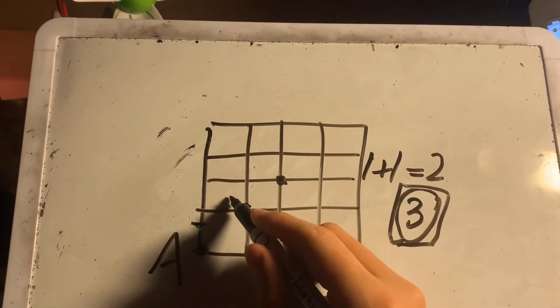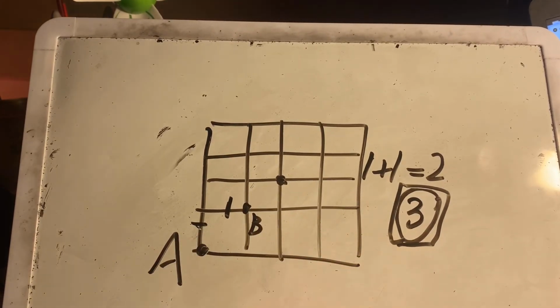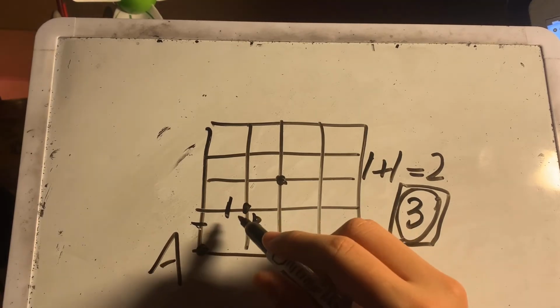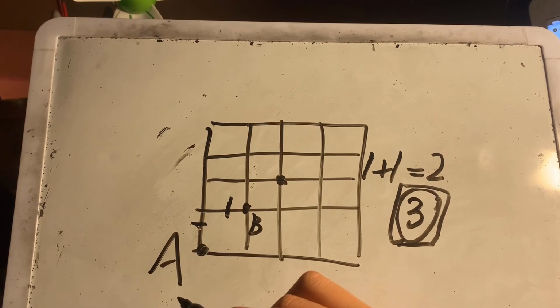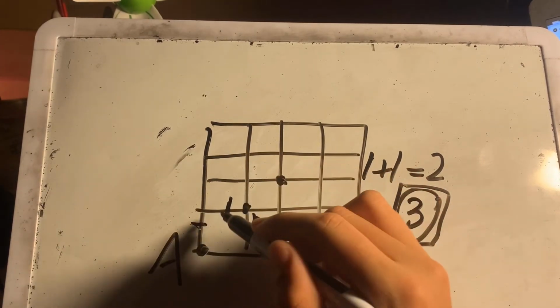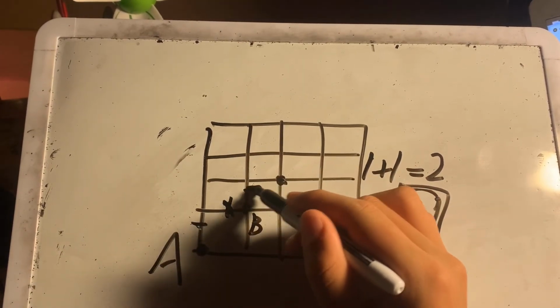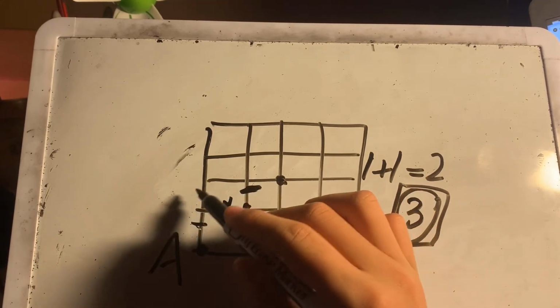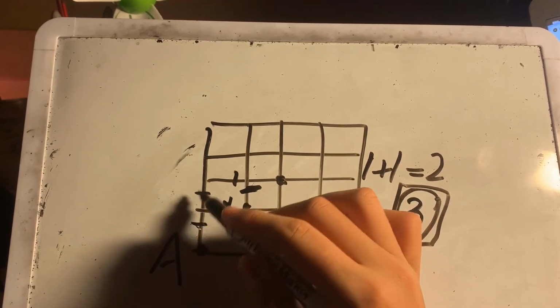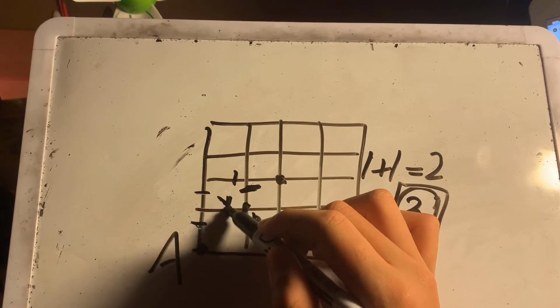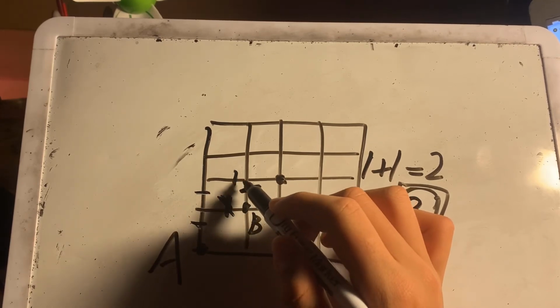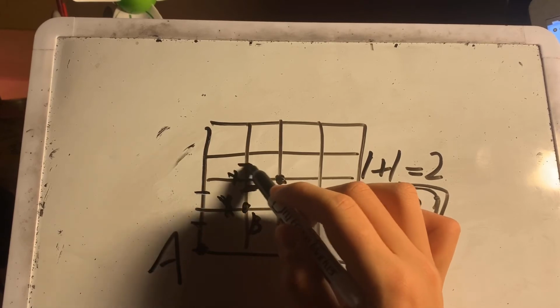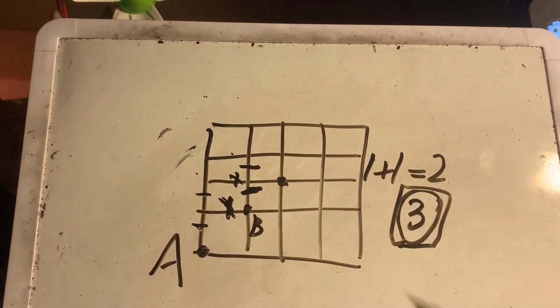You can see if we try to make the route longer by going up or going right, we can try going up. This will be here, so there will be 2 more. If we continue going up, then this will be this, and we still need 2 more.